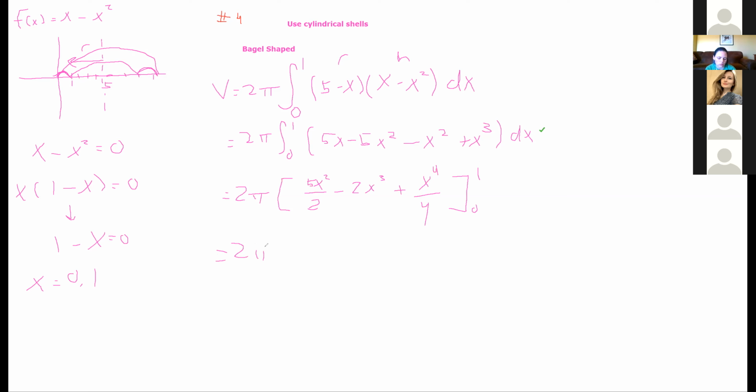So then we'll have 2 pi times 5 over 2 minus 2 plus 1/4, then minus 0, minus 0.